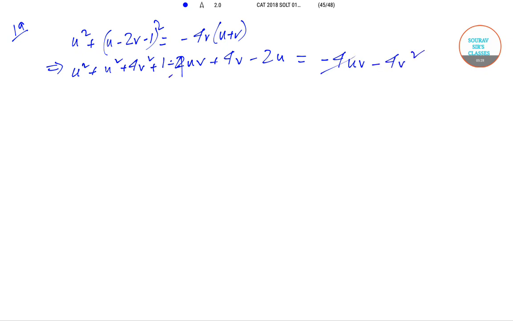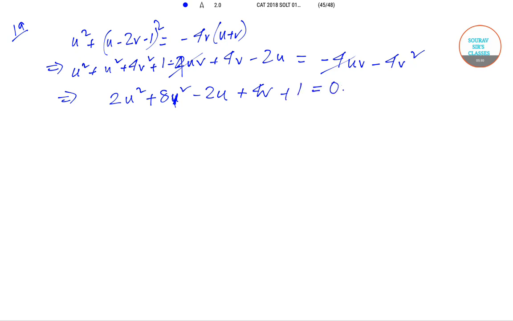Minus 4uv will cancel out from both sides, and we are left with twice u square plus 8v square minus twice u plus 4v plus 1 is equal to 0.